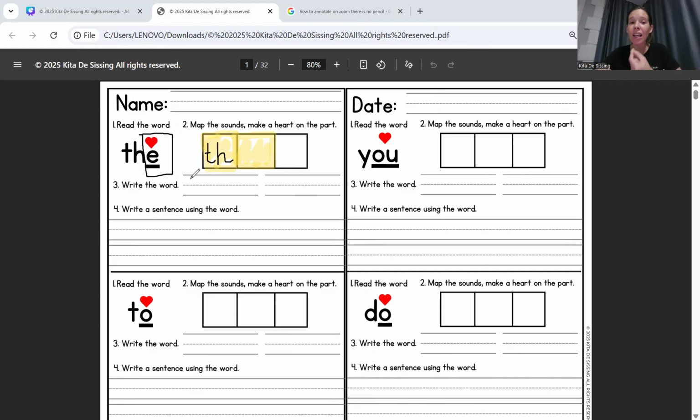And that's because the uh in the is spelt with an E. Well, how do we normally spell uh? We normally spell it with the letter U, like in up or us or umbrella. But in the word the, we have got the uh spelt with an E. And so this is the part of the word that we need to pay attention to if we are going to spell the accurately every time.